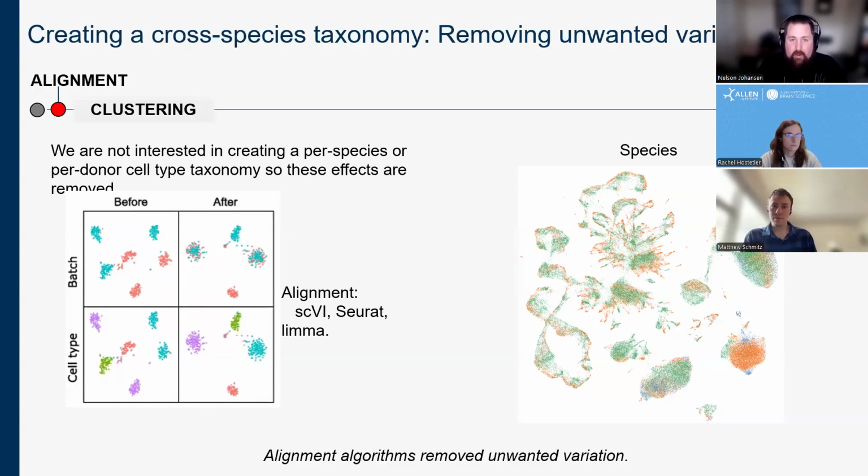Not to say it's not important for research in general, but we wanted to find cell types that work across species, across donors. So we remove those effects first before doing any other step.